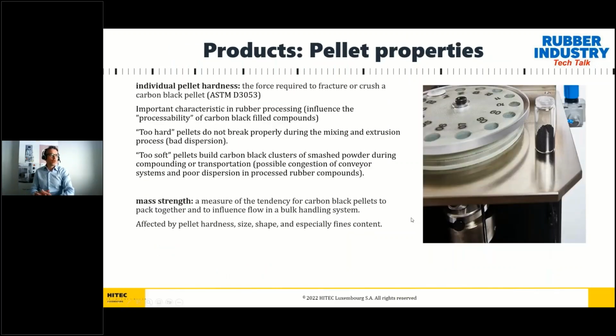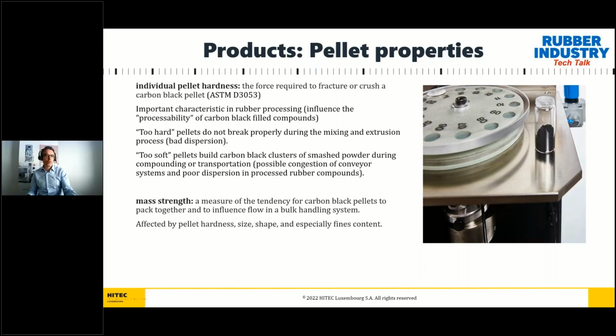We go now through the pellet properties. The most important characteristic of a pellet is the individual pellet hardness, which is defined as the force required to fracture or crush a carbon black pellet. This is important in rubber processing, because it influences the processability of carbon black filled compounds.